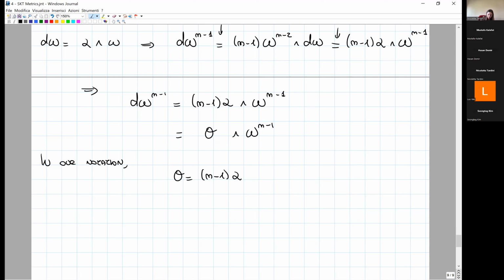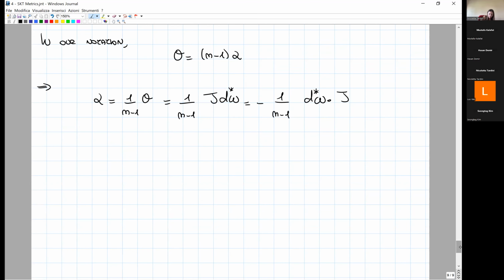So in particular, for us, alpha is 1 over (n-1) theta. So this is 1 over (n-1) of J d star omega, according to what we saw in the first lecture. So this is minus 1 over (n-1) d star omega composed with J. So this is the alpha that appears in the definition of locally conformally Kähler metric.